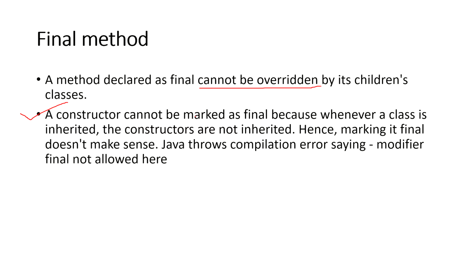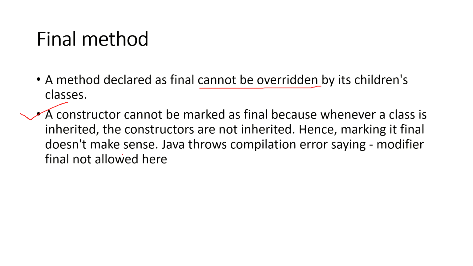A constructor cannot be marked as final because whenever a class is inherited, the constructors are not inherited. In that case, marking it final doesn't make any sense, because even if you mark it as final or you don't, they cannot be inherited.